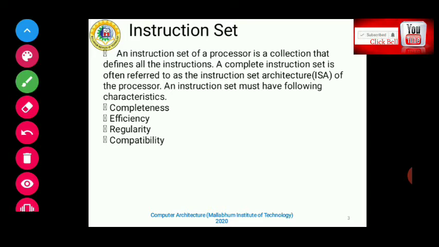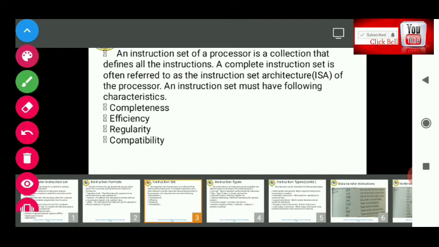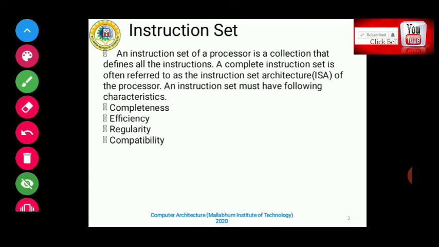A complete instruction set is often referred to as the instruction set architecture. An instruction from the set alone can be used in the programs that run on the processor. The instruction set of a processor has the following characteristics: completeness, efficiency, regularity and compatibility.